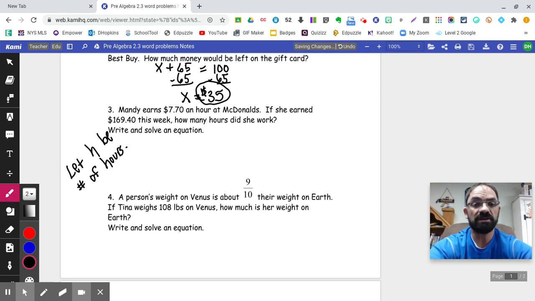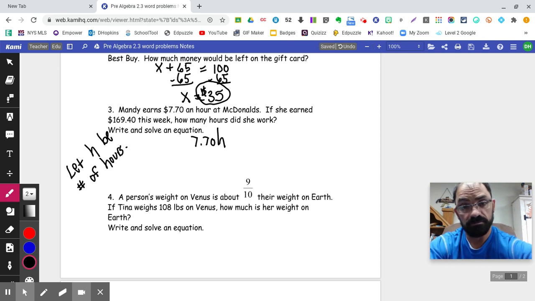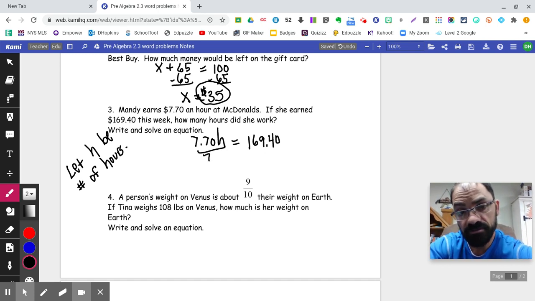So Mandy earned $7.70 an hour. So 7.70 times the number of hours is equal to her pay, which is 169.40. So to solve for h, the opposite of multiply would be to divide.